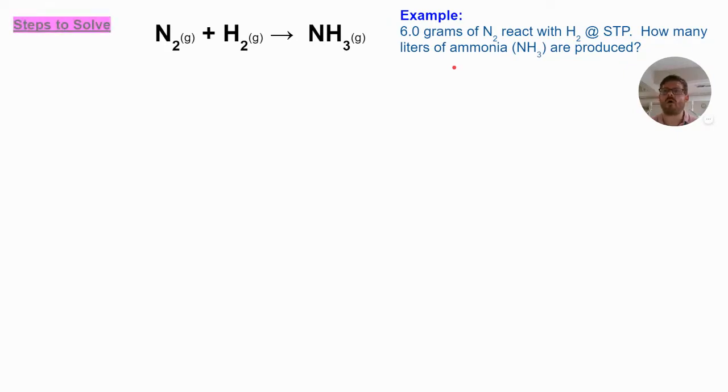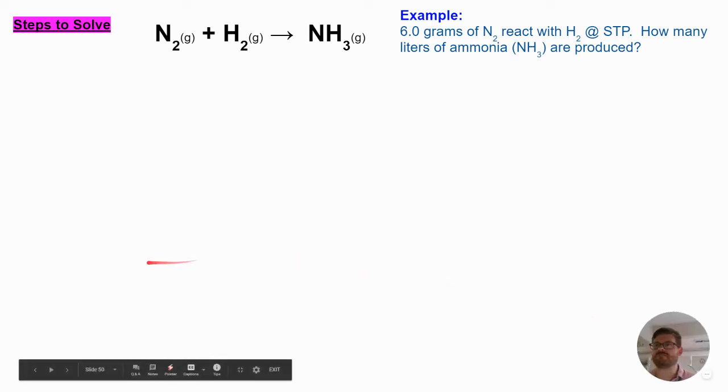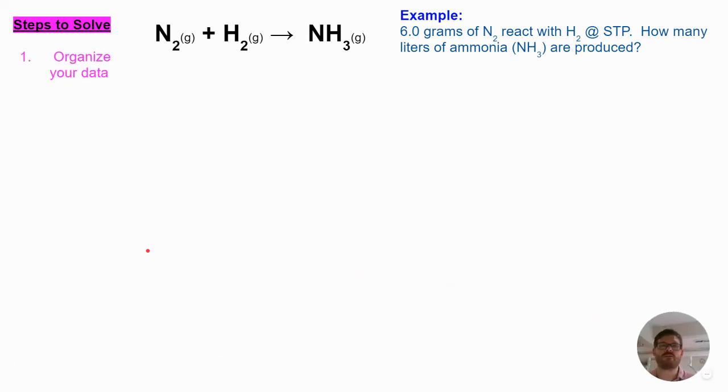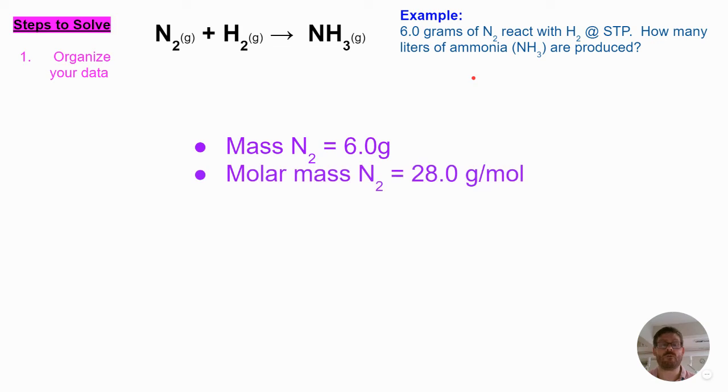Okay, so how are we going to solve this? What are the steps that we need in order to solve? First thing we've got to do, let's organize our data. So go back to the question and read through it carefully and pull out the information that we need to know. We know the mass of nitrogen, 6 grams. We know the molar mass of nitrogen. Now that's not exactly in here, but we can go to our periodic table and find that pretty quickly.